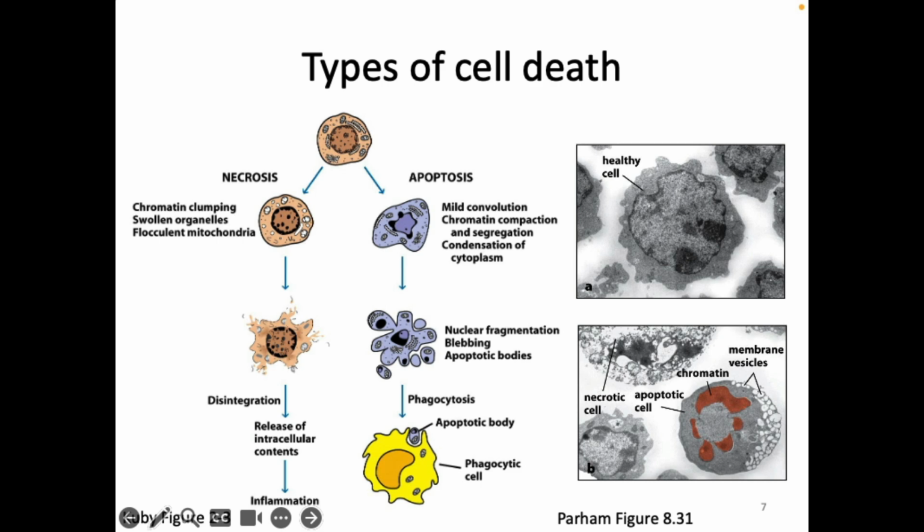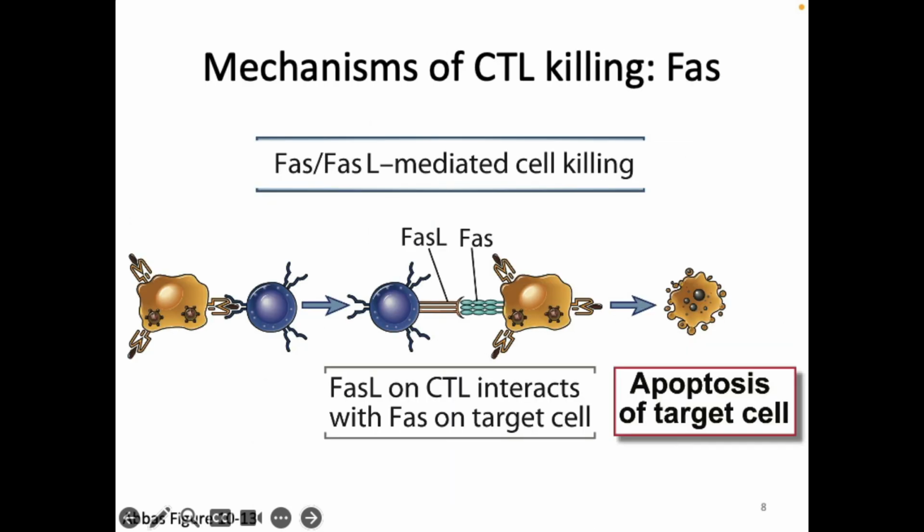There are a couple different ways we can make that apoptosis happen. One of those methods of apoptosis is with a cell surface protein. So our T cell, which is shown here in purple, has a protein on its surface called Fas ligand. So FasL. FasL on CTL, see it even says the words right there.